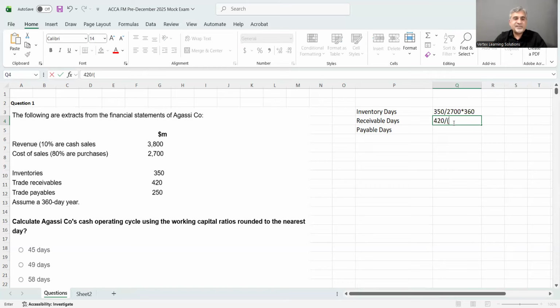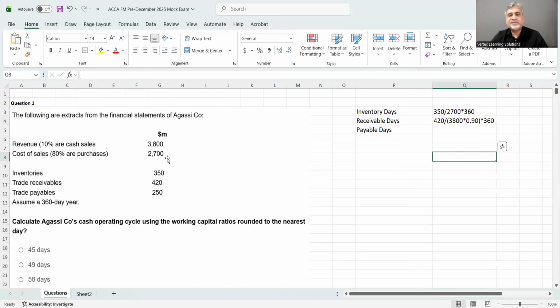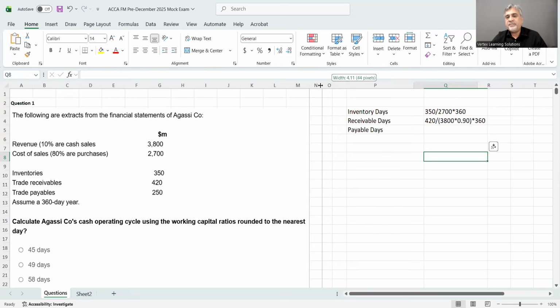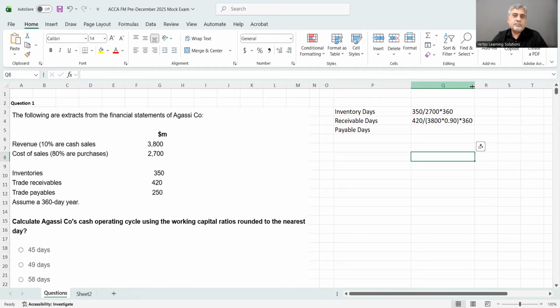Only the credit sales. So the total revenue, which is 3,800, I multiply by 0.90, and then by 360. They told us the total sales are 3.8 million, but 380 million, that is 10%, are cash sales. Receivables only belong to credit sales, so credit sales are 90%.